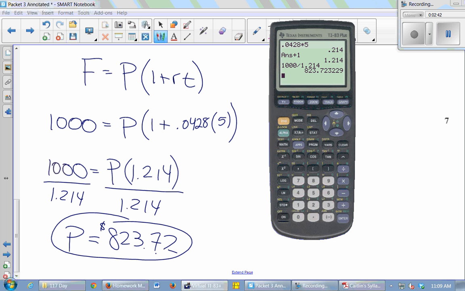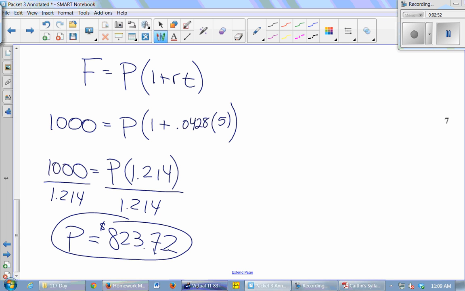So that's how much the bond would cost today, and then you can cash that in 5 years from now for $1,000. That make sense? Okay.